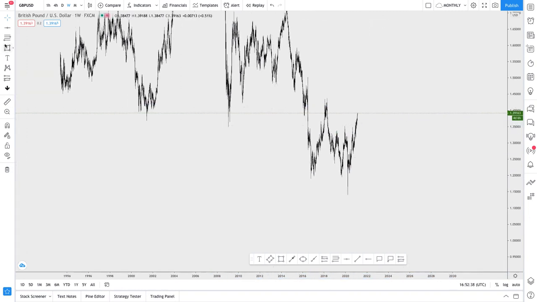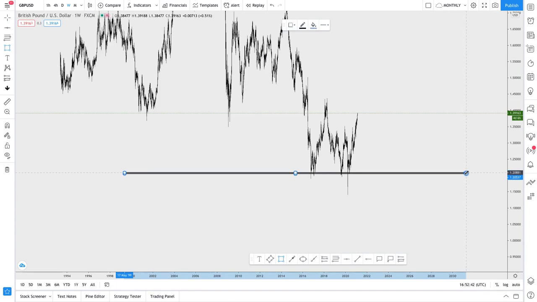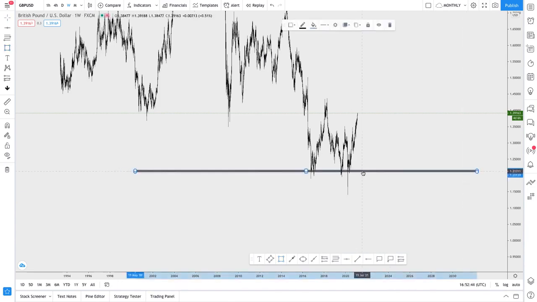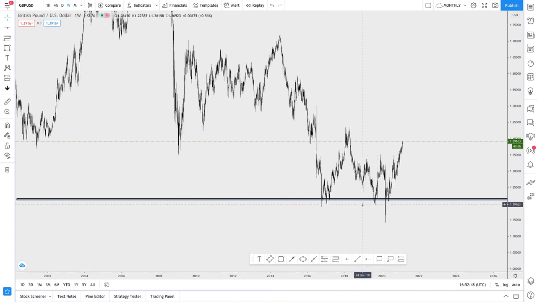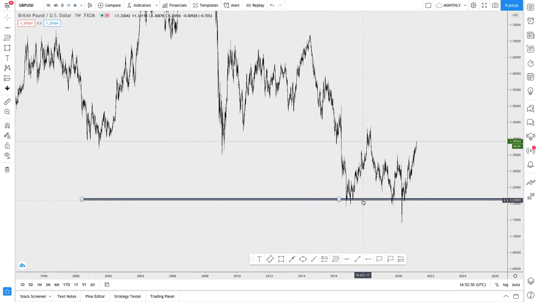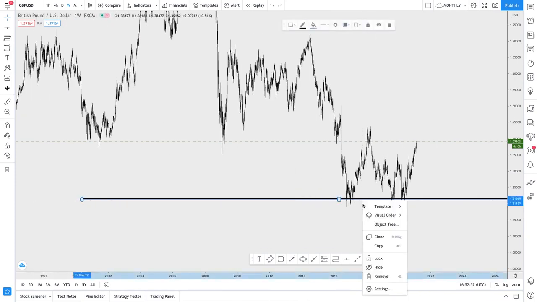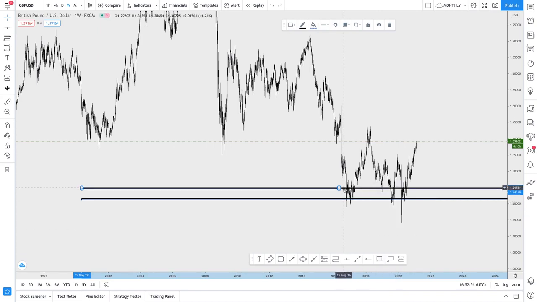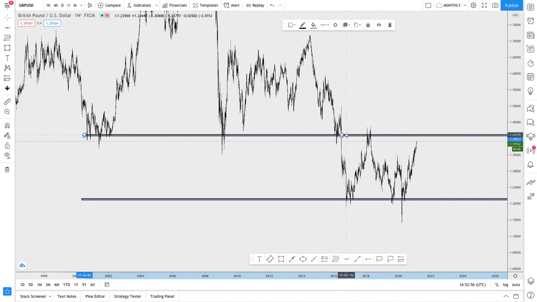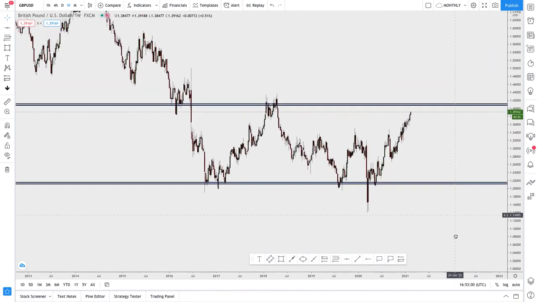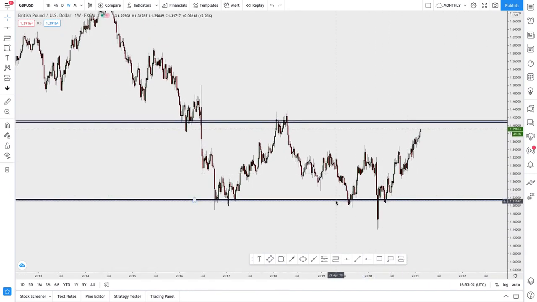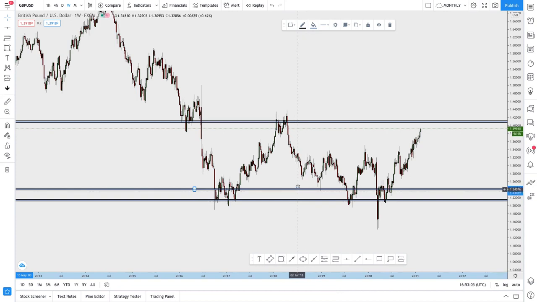The first level I drew was too thick. Cool. And now we'll come and look, and then I know for a fact.